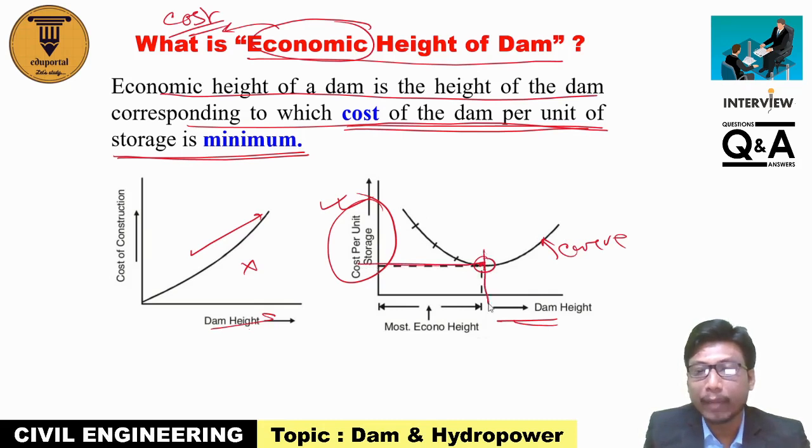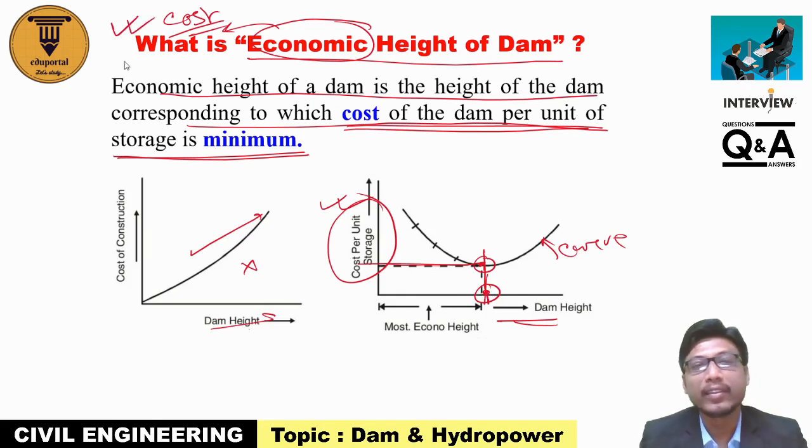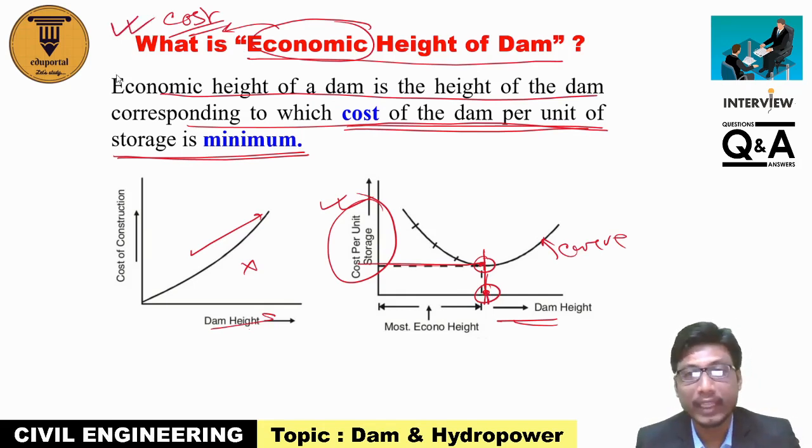The height of the dam corresponding to which the cost of construction of dam per unit storage is minimum is called the economic height of the dam. This is very important, and many times they ask you this question.